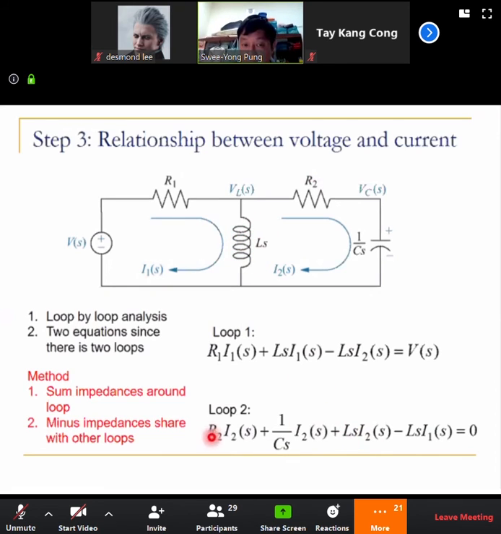So we have these three components here. But again, this component is shared with loop 1, so we need to minus this impedance away. This component is LS multiplied I1, not I2, I1. Okay, and then we get the second equation.